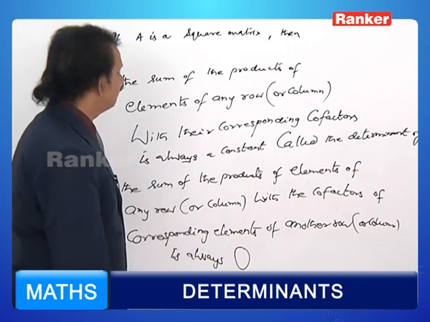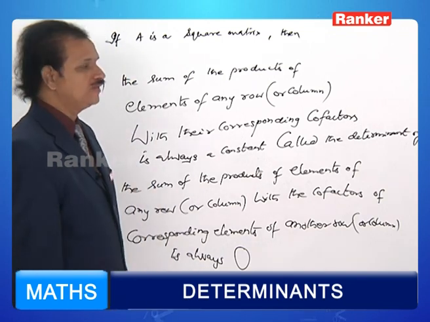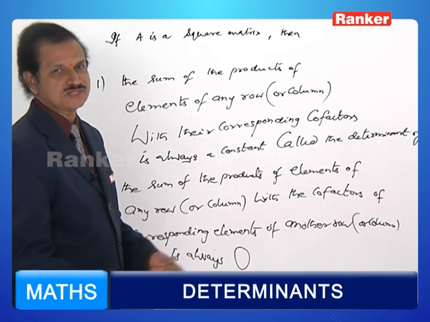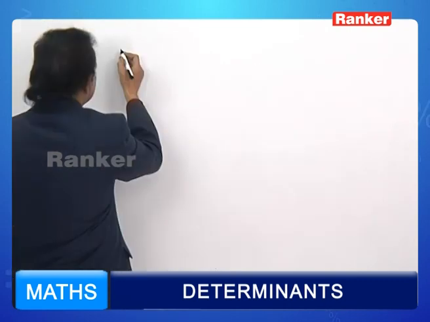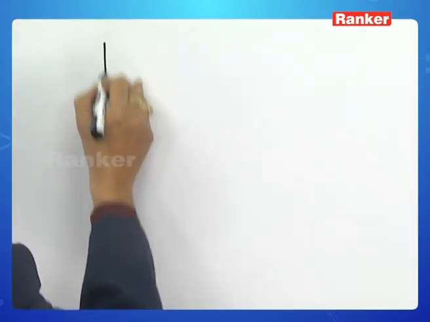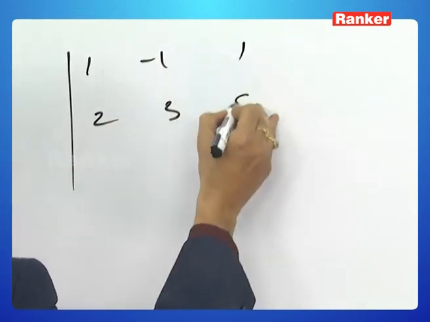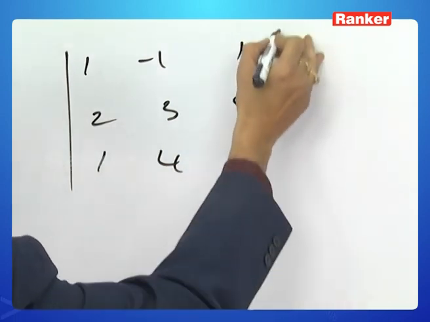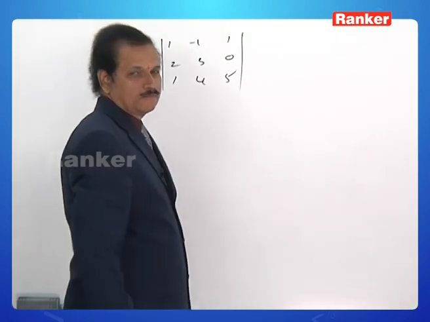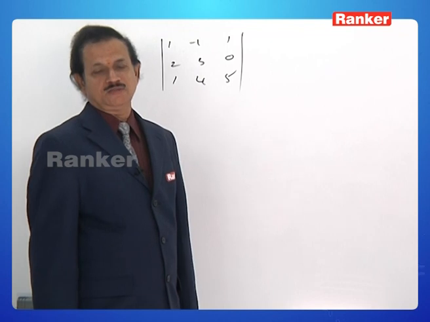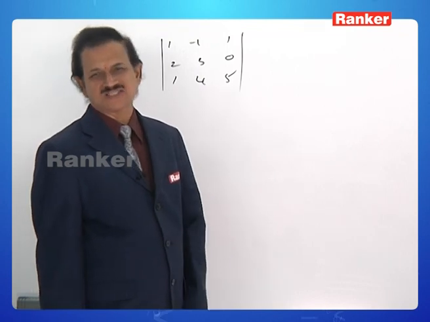Yes. And by noting down this definition, we shall now try to find the determinants of some famous matrices. Consider the matrix or determinant 1, minus 1, 1, 2, 3, 0, 1, 4, 5. What is the determinant? Just now we have noted, you need not find all the minors or cofactors.